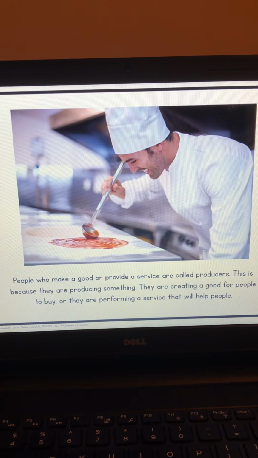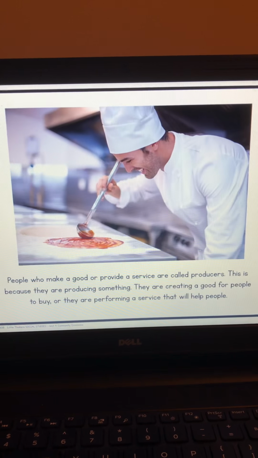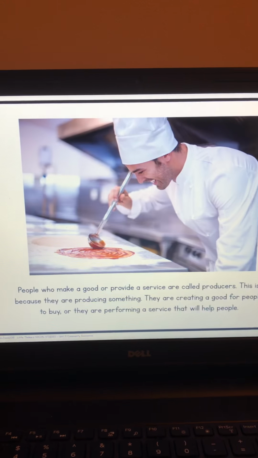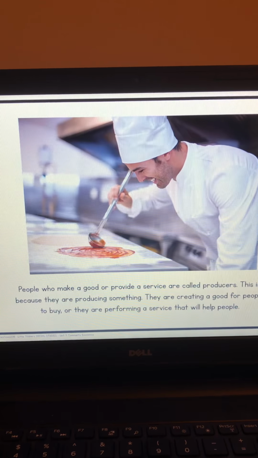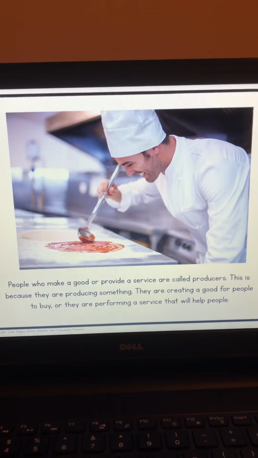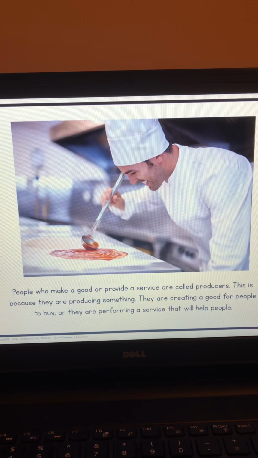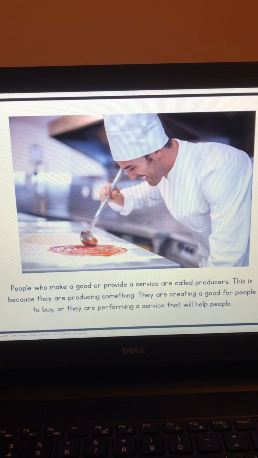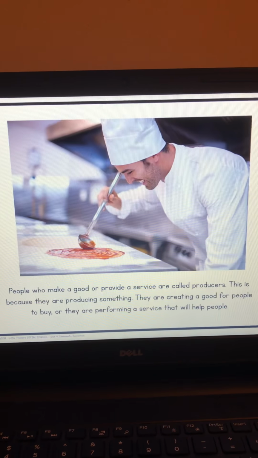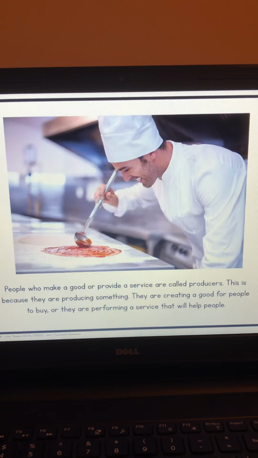People who make a good or service, they're called the producers. So the consumers are the people that buy the stuff, but the producers are the ones who make it. It's because they're producing something. Producing is just another word for making, pretty much.